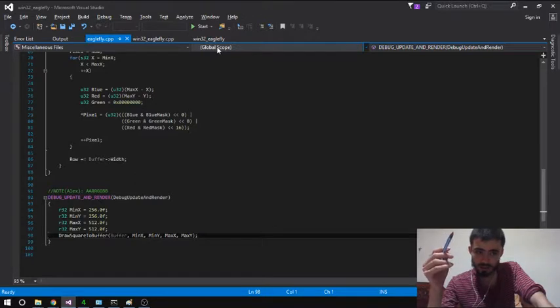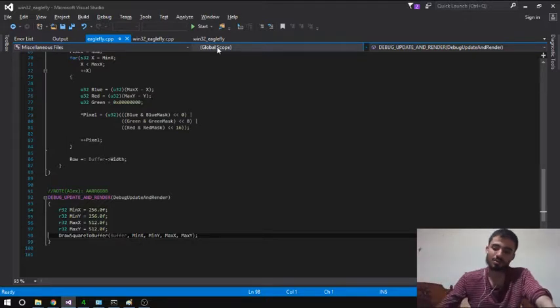But it's something the debugger should do, to match and load the code that you recompile. It's a minimal thing, but I think it's kind of useful.